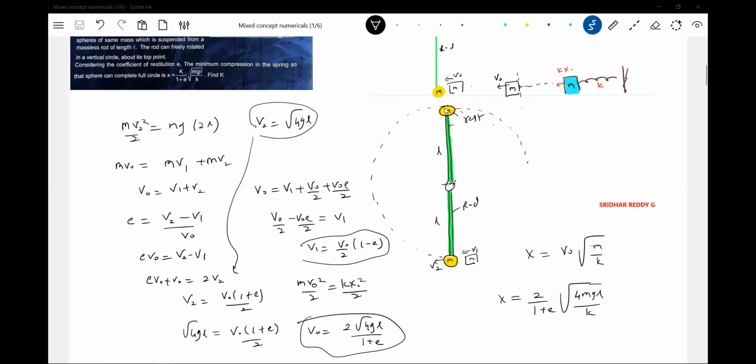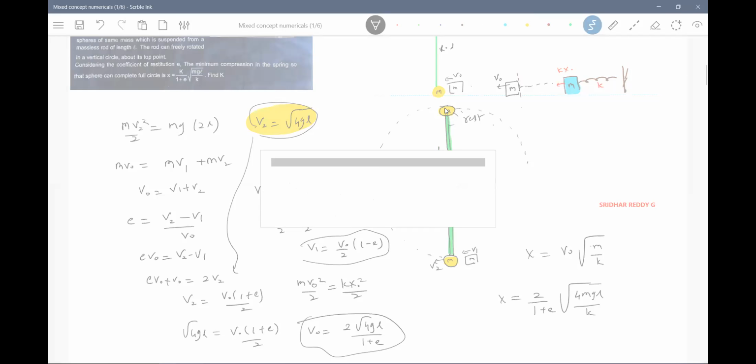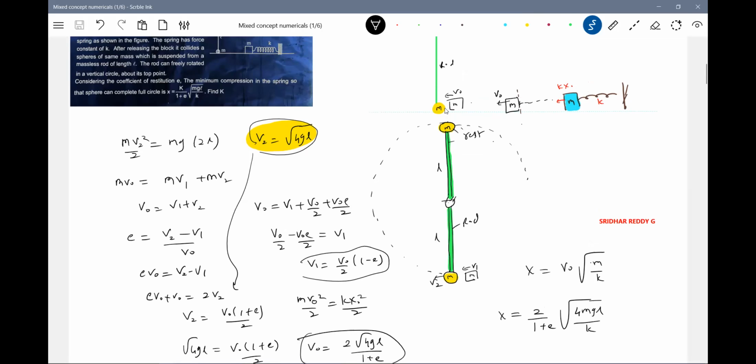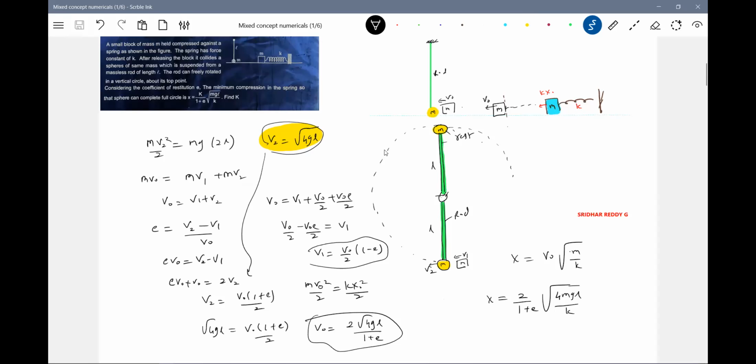Our biggest problem, I think everyone: rod. If it's a string, root 5GL; rod, root 4GL. Better remember, some clean observation of the question has to be made. I think in the exam, nothing is there, the idea will be very simple. All these questions which I brought are from the grand test where students could not do easily due to small things.